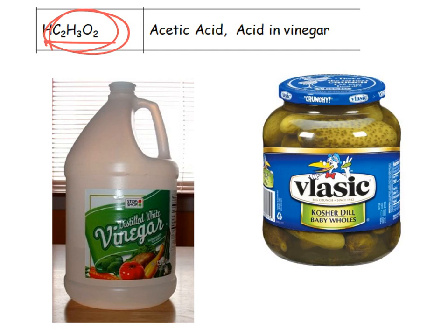We use it for all kinds of cooking purposes, and it tends to give food a sour taste. Pickles and anything pickled, like olives, are usually pickled in a bit of vinegar, and if you've ever tasted pickles and olives, you get a sour taste from them.